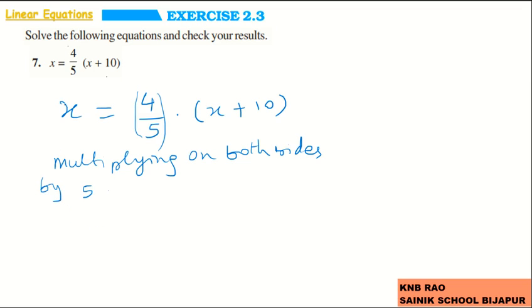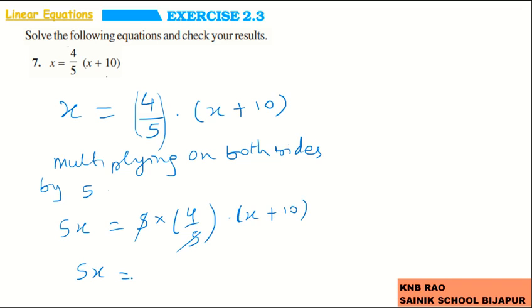That means 5 into x is 5x on the left hand side, and 5 into 4 by 5 makes this 5 denominator cancel with this, into x plus 10. Now, in the next step, this is 4 into x plus 10.